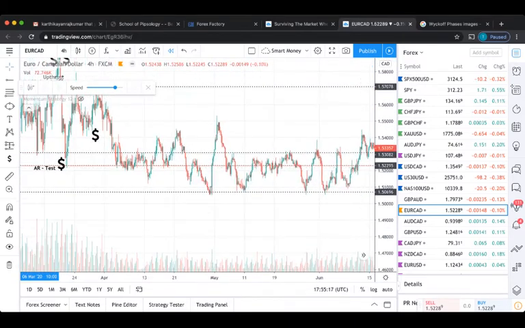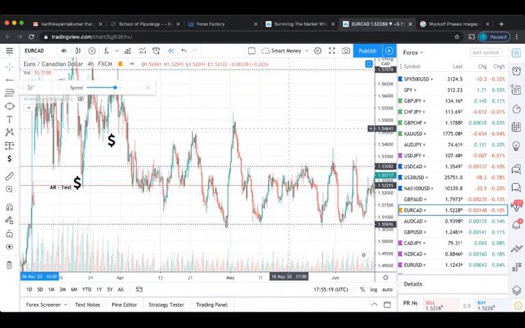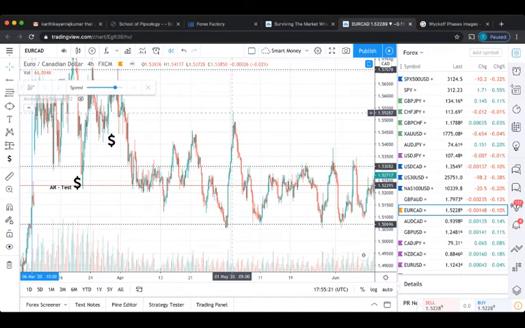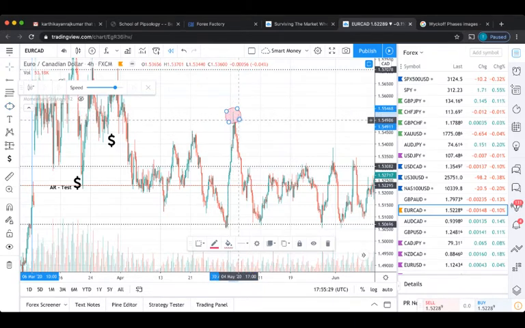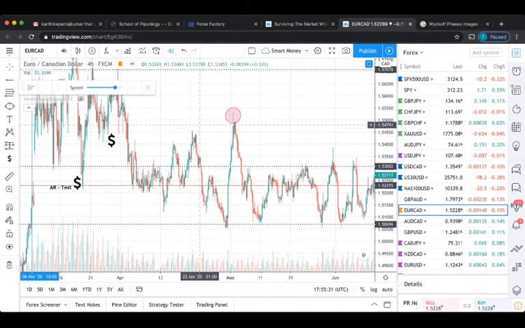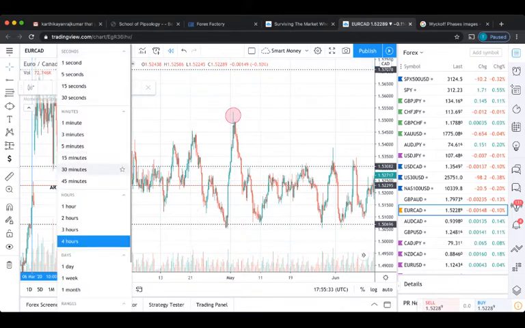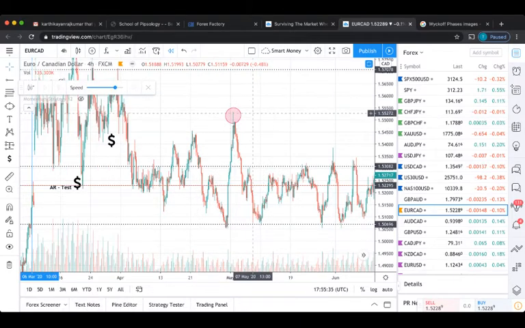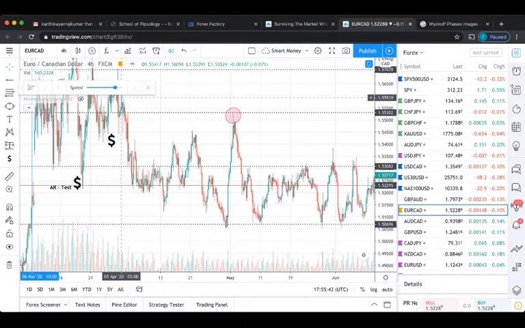Sorry, I hit a different pair and kind of screwed me up. So this is the wick here, right? That's the wick there. Usually something happens. Let's do here, and let's take a look at what happened.